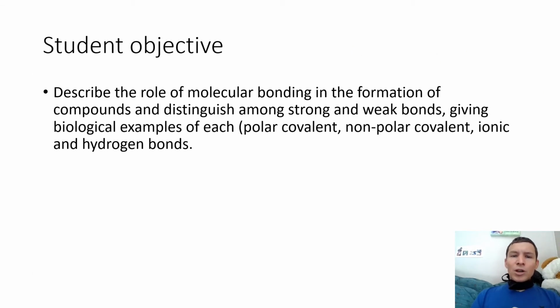One of the other things we want to talk about is describing the role of molecular bonds in the formation of compounds and distinguishing among strong and weak bonds, giving biological examples of polar covalent, nonpolar covalent, ionic, and hydrogen bonds. So we said with polar covalent, water is a perfect example. The reason why it is your universal solvent is because it has both a positive end, which could attract to negative ends of other molecules, because opposites attract.